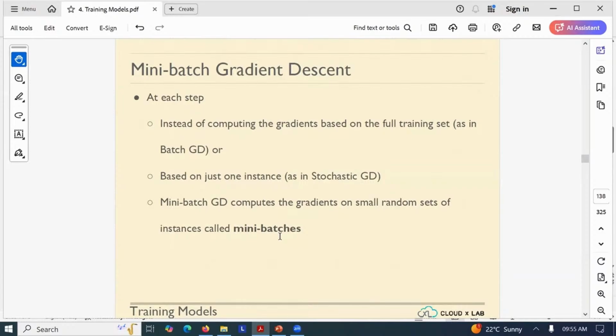Then that method is called mini batch gradient descent, and here the size of the mini batch is 10, because we are randomly choosing 10 data points and then calculating the gradient. So here the mini batch size is 10. Okay. So mini batch gradient descent computes the gradient using a small random set of instances called the mini batch.